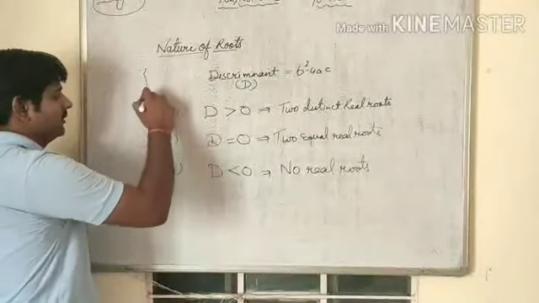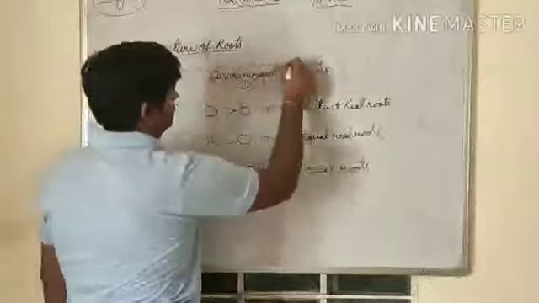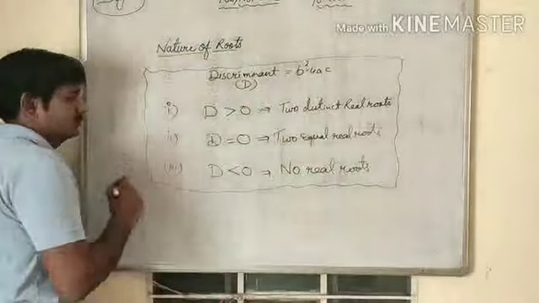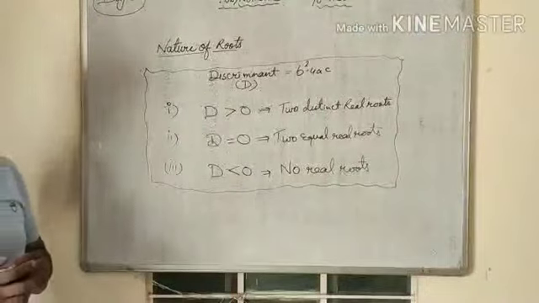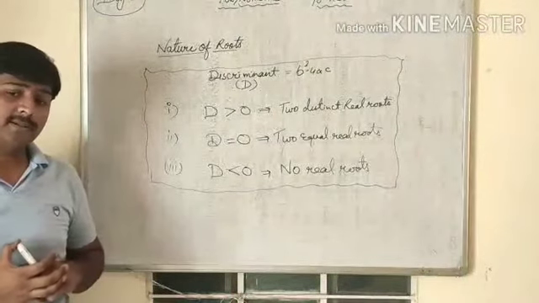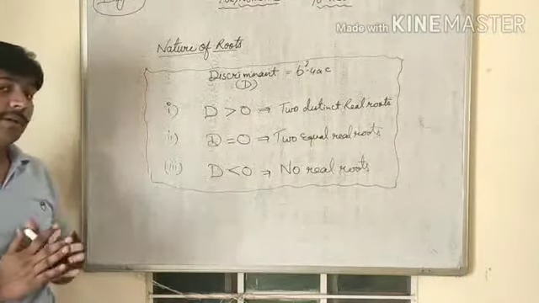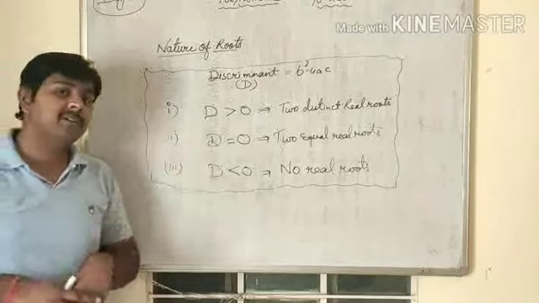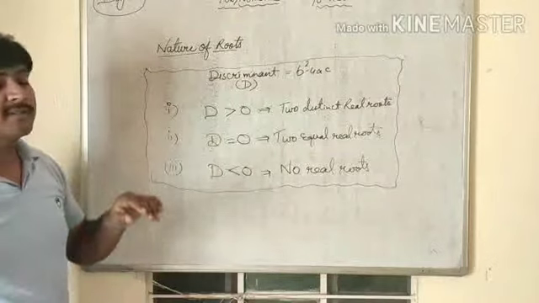This is called the nature of roots. Please write it down. Then we will continue with the next exercise, 3.5. Please do it fast. I'll repeat. Everything is totally based on the discriminant.